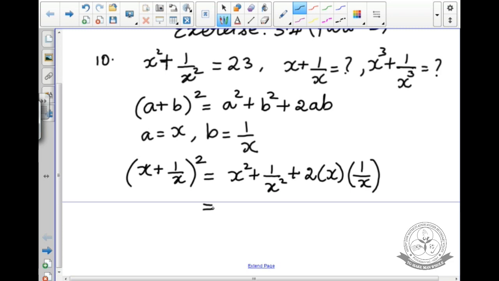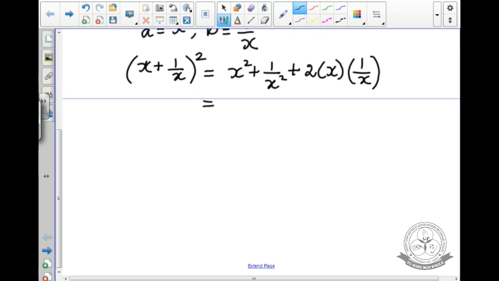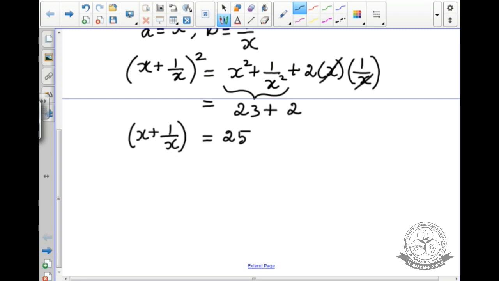We know x square plus 1 by x square is given, that is equal to 23. Then x into 1 by x will be cancelled because it is in the multiplication, so you will get only 2. So 23 plus 2 you will get 25. This is the value of x plus 1 by x whole square.